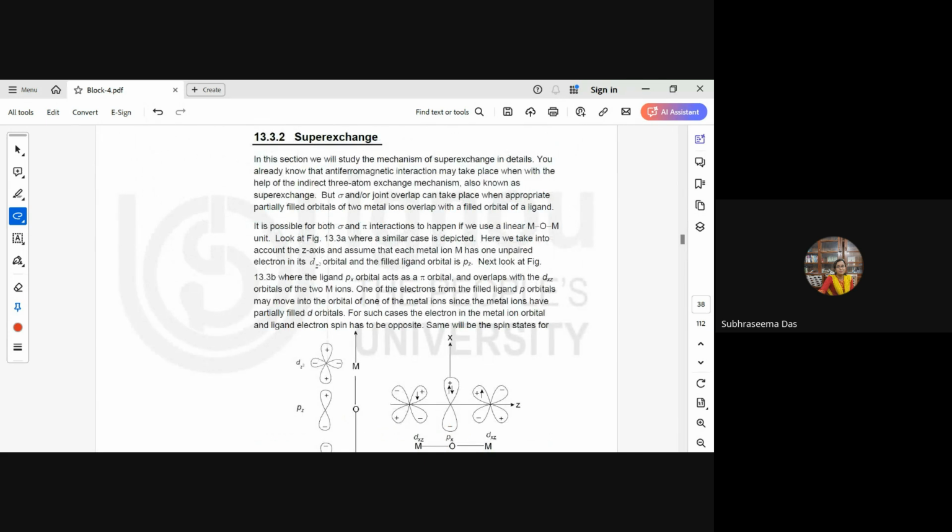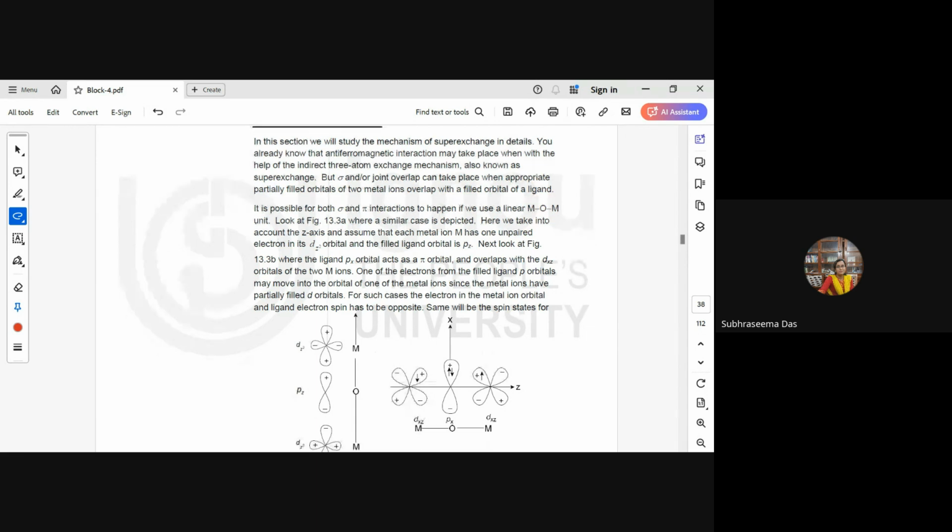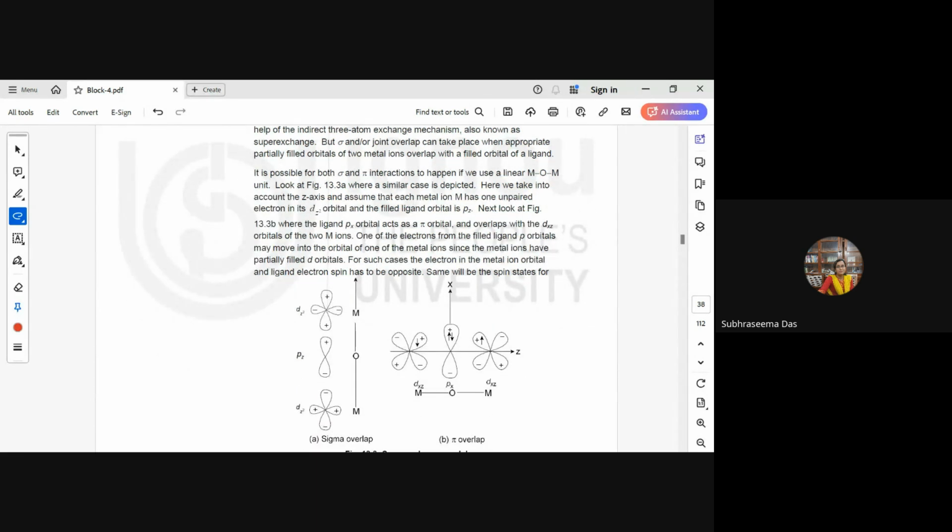If we take into account the z-axis and assume that each metal ion has one unpaired electron in its dz square orbital, then when we look into the pi overlap, we see the px orbital acts as the pi orbital, and it overlaps with the dxz orbitals of the two metal ions.